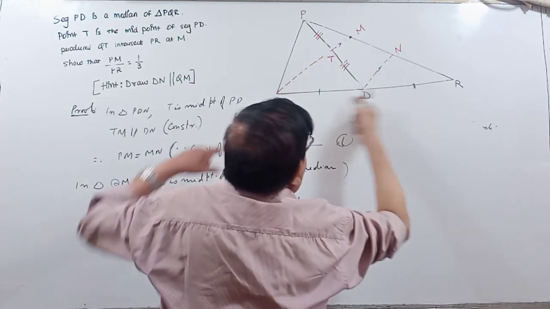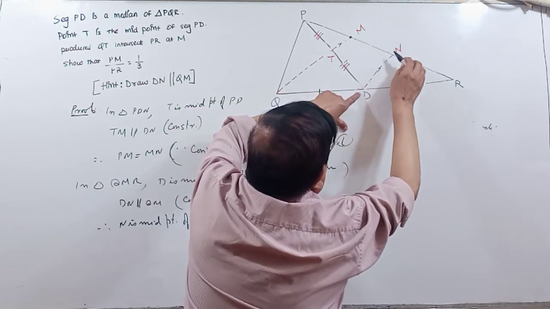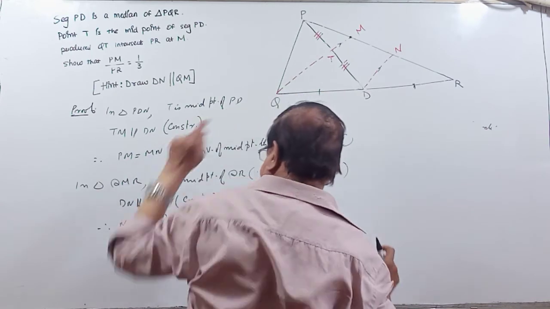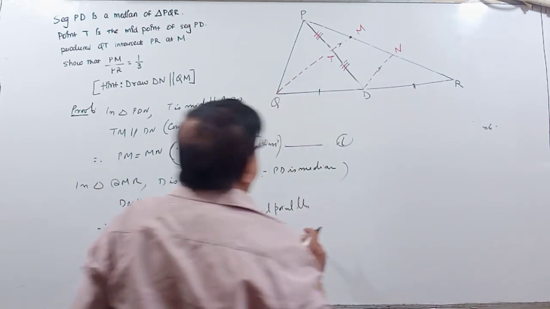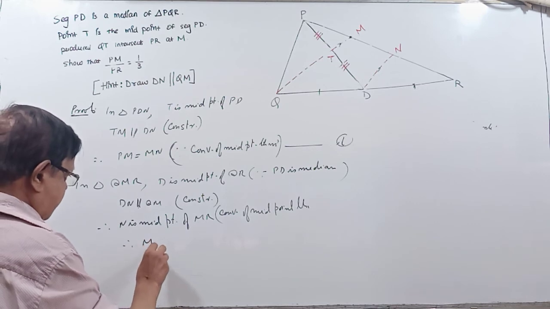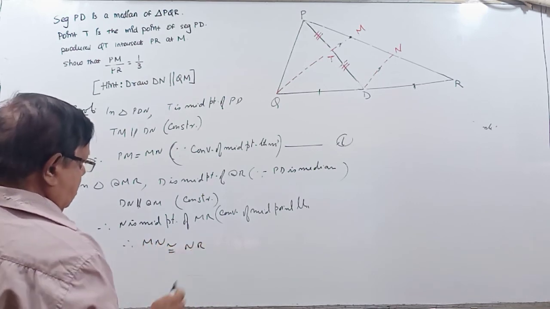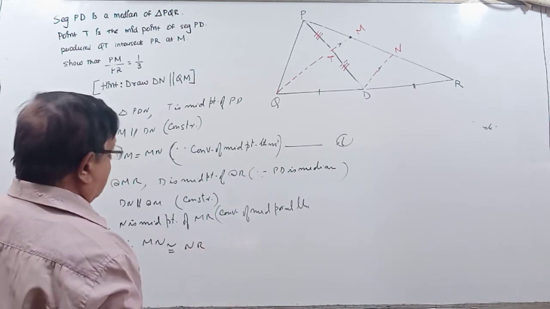In this triangle, D is the midpoint, this is parallel to the second side, therefore N is the midpoint of MR. Therefore, MN congruent to NR.